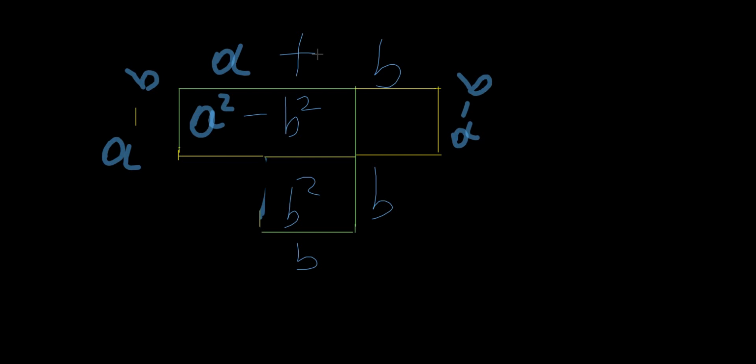Remember, when we have a rectangle, we have two equal short parallel sides and two equal long parallel sides. So if this side is a plus b, then definitely all of here would be the same.